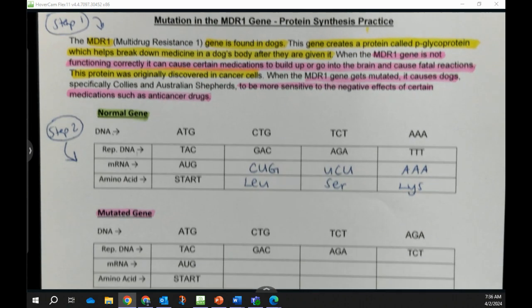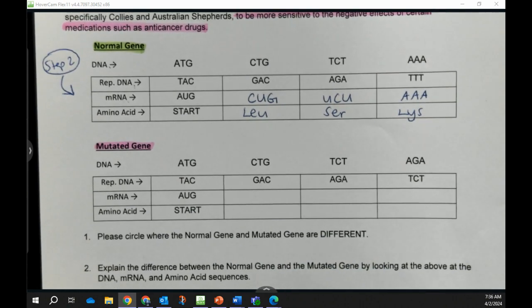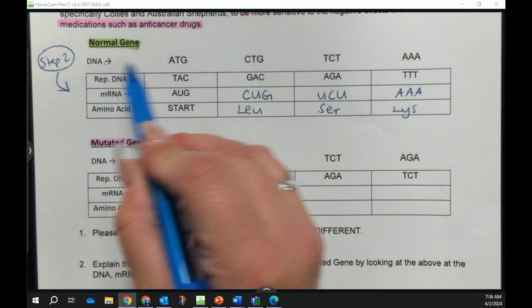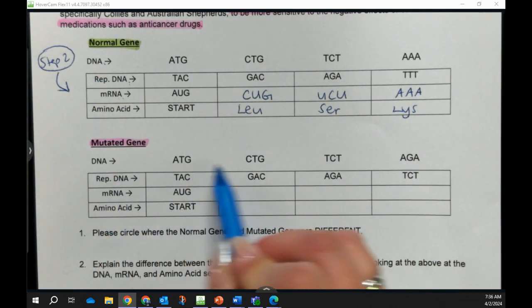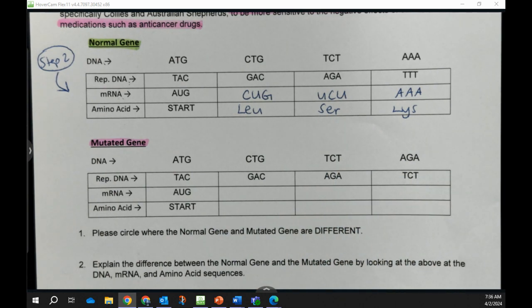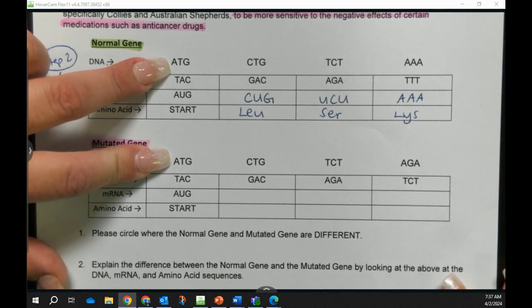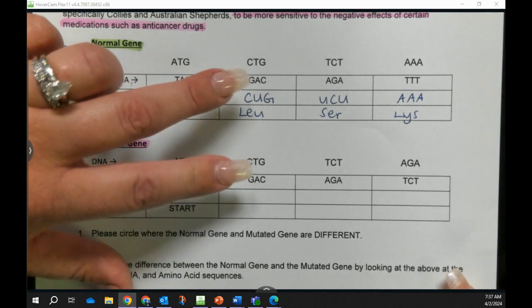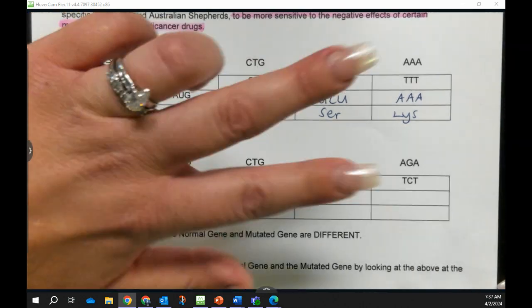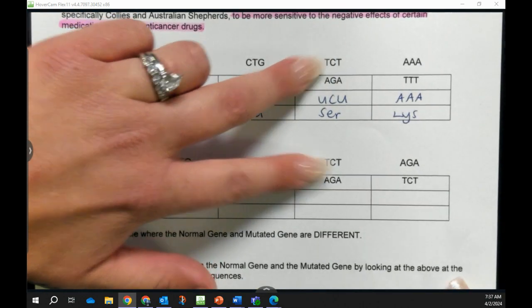So now that I've completed step two, which is the protein synthesis for the normal gene, I'm going to compare my normal DNA with my mutated DNA and find the letter that's different. So when I look at these three, they're the same. So my first codon is the normal one. Second codon, the same. Third codon, the same.